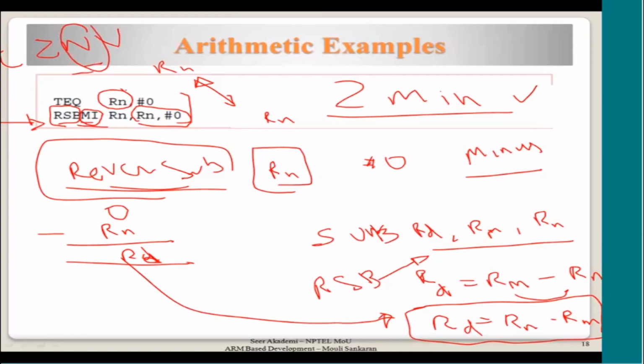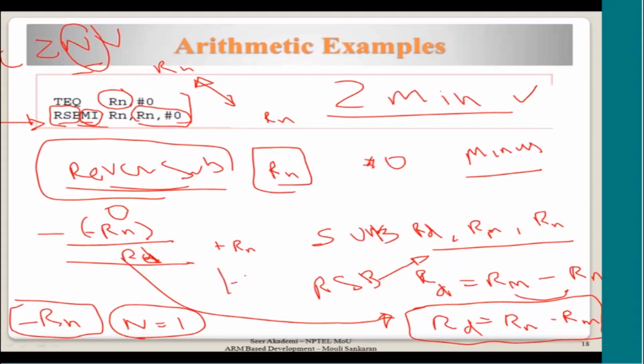RSB will be executed. That means if Rn earlier was a negative value, we are worried about the sign bit value. So if N is set, that means Rn was negative. Now when we do 0 minus Rn, which happens to be a negative value, what are you supposed to get? Plus Rn. That means it is the modulus of Rn.